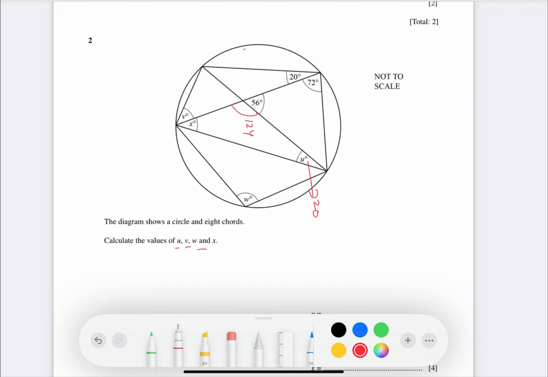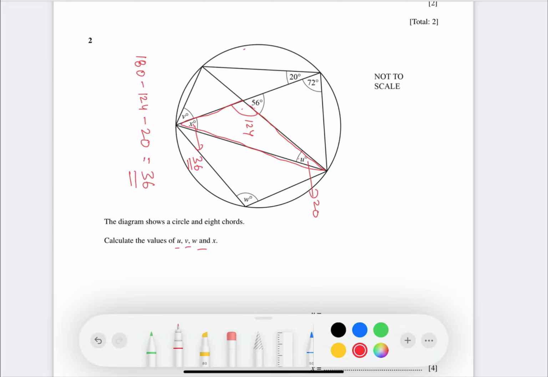All right, 124. Now look at this triangle. Wow. All angles sum up to 180. Can we calculate x from here? Yes, sir. Just subtract 180 minus 124 minus 20. That will give us x equals 36. Very good learners. You figured out x as well.